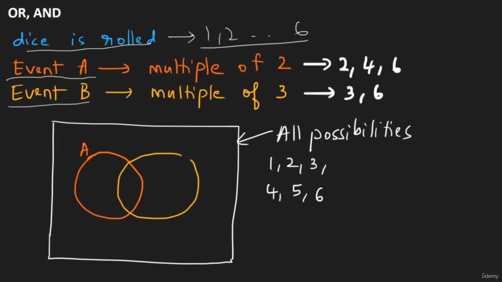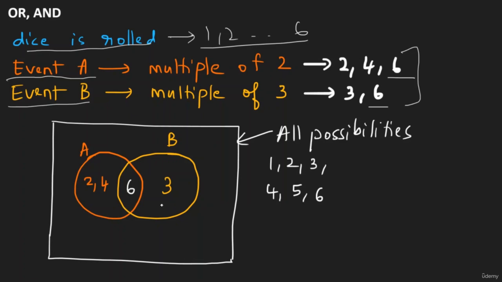Over here you can see that there is an intersection between event A and event B. Why is that so? One of the outcomes, which is getting 6, occurs both in event A and event B. That's why we draw it like this, with an intersection between event A and event B. Now let's mark these outcomes inside their respective events. 2 and 4 are over here, 6 is in the intersection part, and 3 is over here.